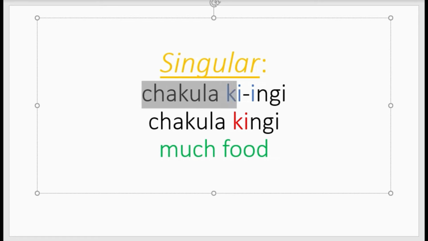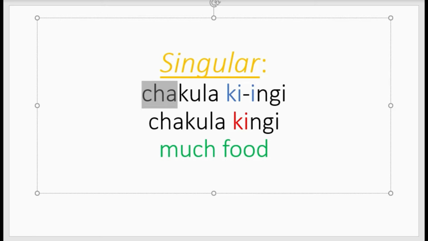Chakula kingi. Now, how do we get that? How do we get chakula kingi? Here we get an exception.